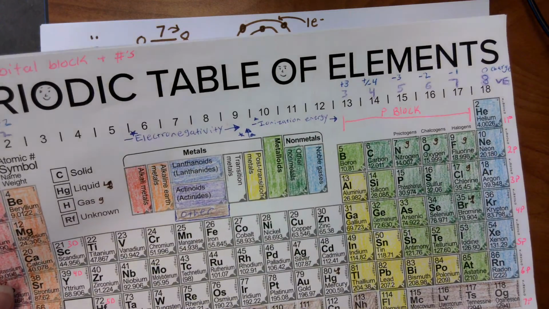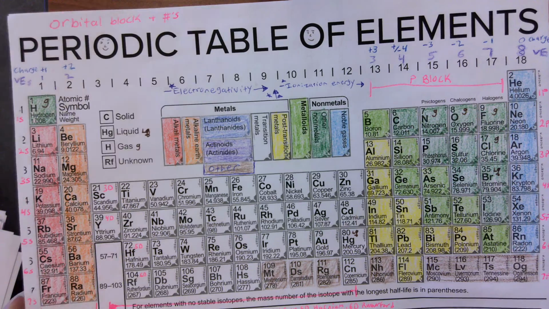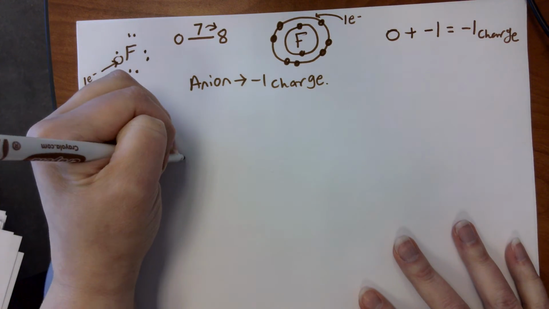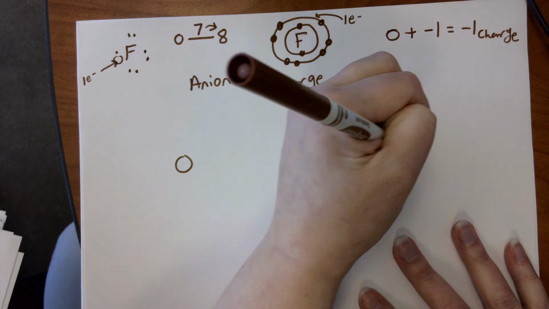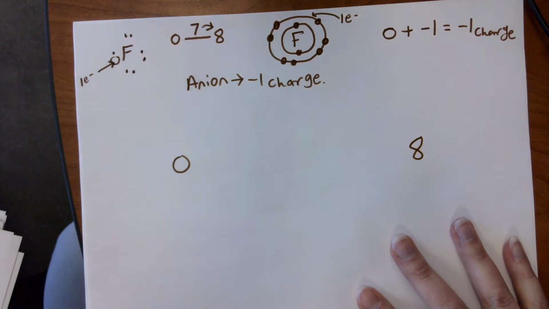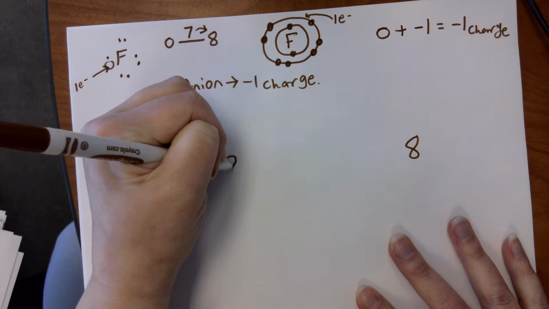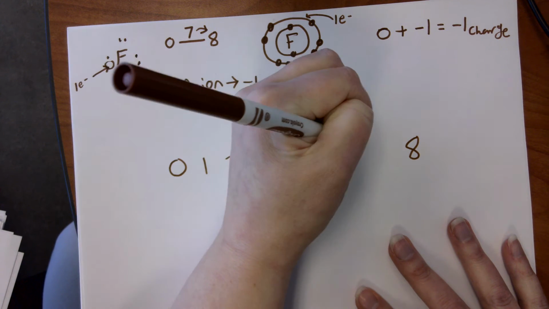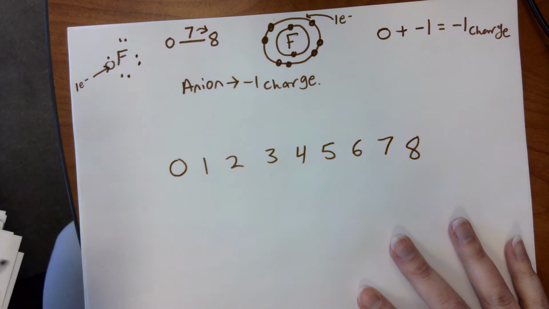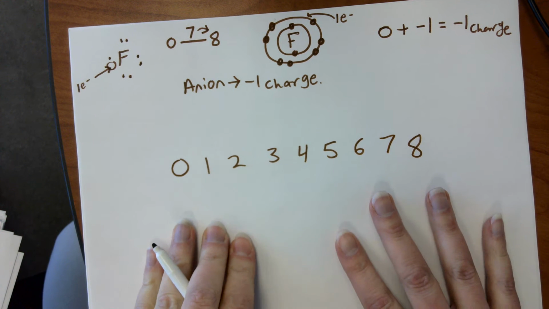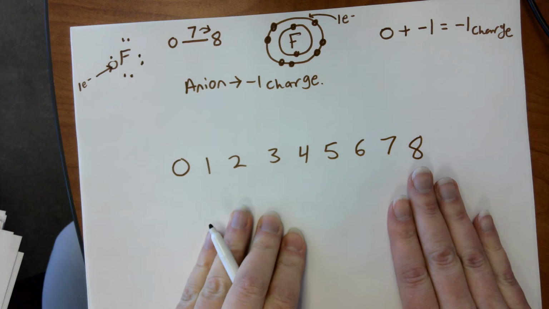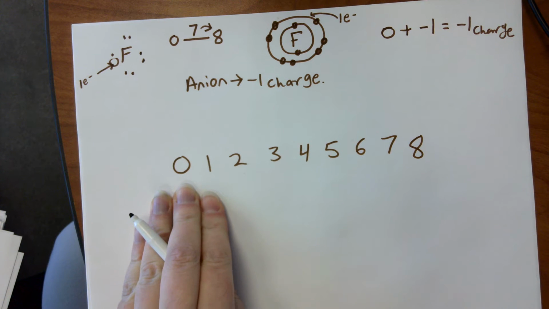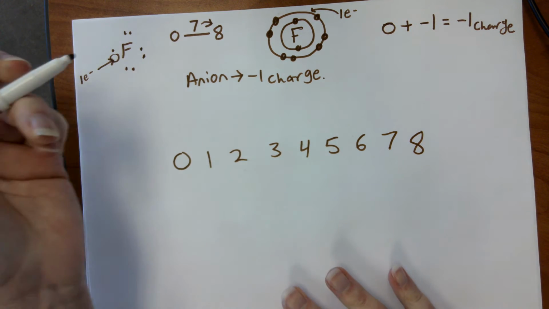Now, thankfully, you should be able to recognize that because this is like a number line where we're looking at going to 0 or 8, we can place our number of valence electrons in order down the line and figure out which ones are going to want to become anions and which ones are wanting to become cations and losing electrons.